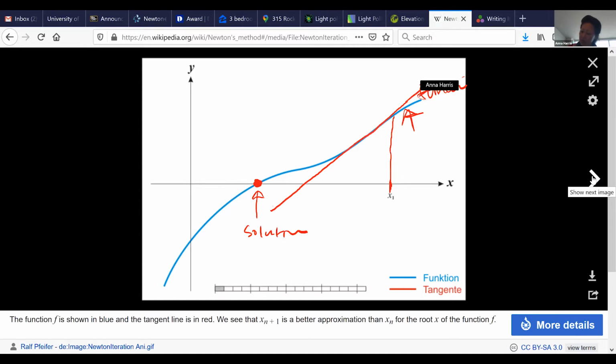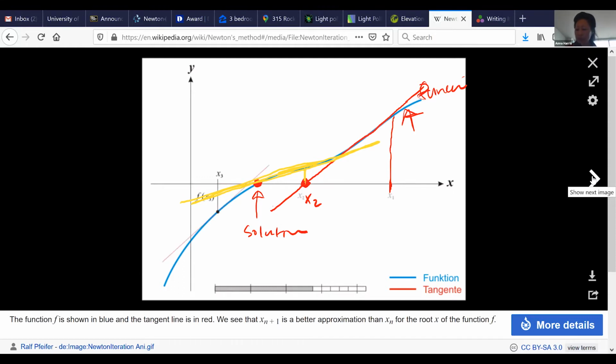Now that becomes your second guess. And now I'm going to do another calculation. I'm going to draw myself here, over there, and then draw my tangent line. So this red one.